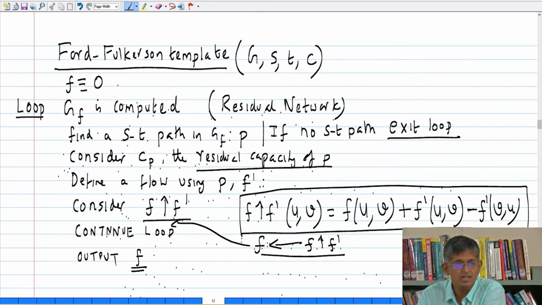This will be considered as the new flow function, and that will be stored inside f and the loop will continue. So we are going to analyze this by defining each of these important parameters here and proving interesting properties of it. So let us just define f prime clearly now. F prime for an ST path.